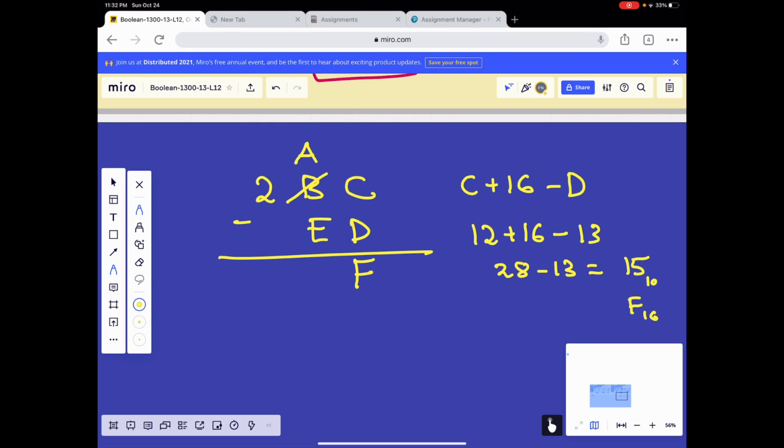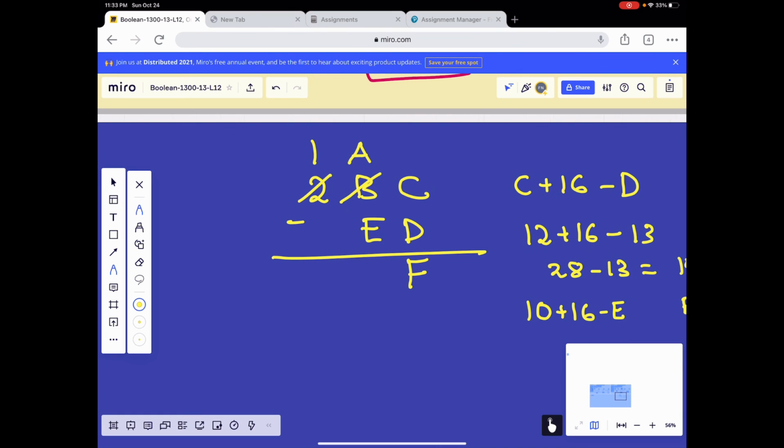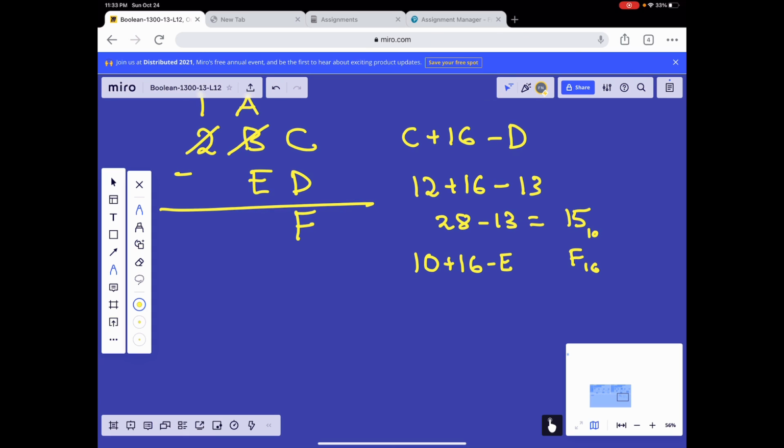Now A is less than E, so you cannot subtract E, so you borrow 1 from 2. So 1 equals 16, so you write down A is 10 plus 16, and you subtract E. So 10 plus 16 equals 26.